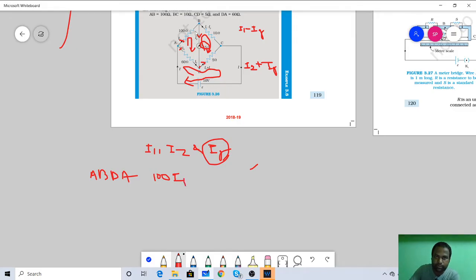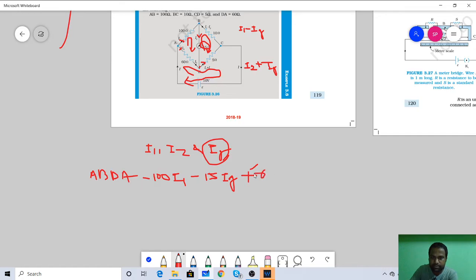Then I'll move in this direction, B to D. I'm moving in the direction of current and I get a 15 ohm resistor, so here also I'll write negative, minus 15 Ig. Then when I move from D to A, you are moving against the current, because current I2 is flowing downward. That's why here I'll write plus.